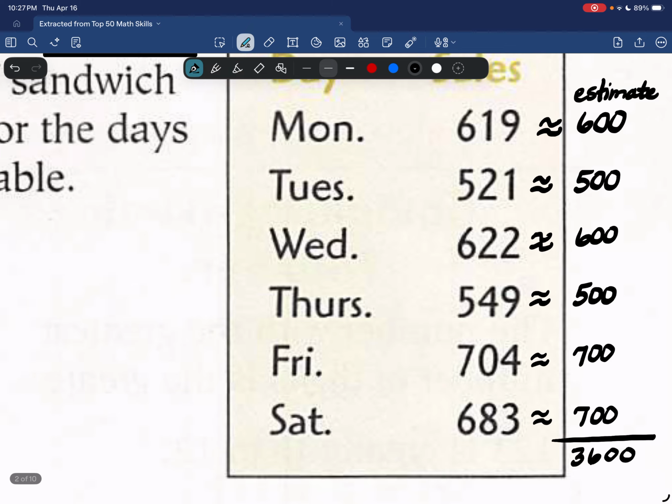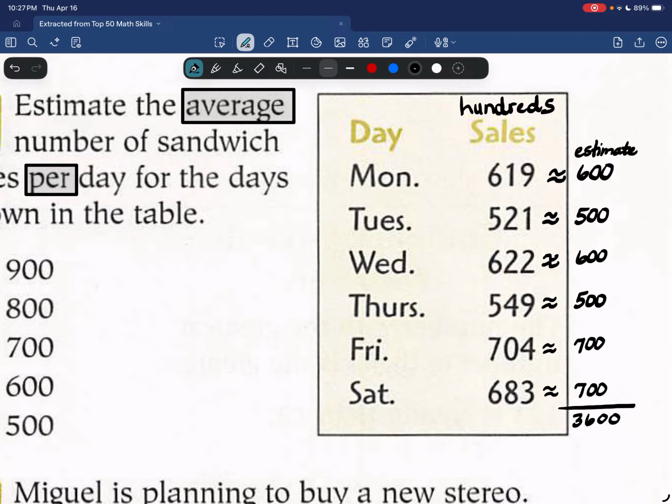Now, to find the average is a two-step process. There were 3,600 sandwiches sold approximately, and then I need to turn around and figure out how many days. So we did not sell on Sunday, that is just 6 days. I cannot cancel any zeros here because there are none on the bottom.